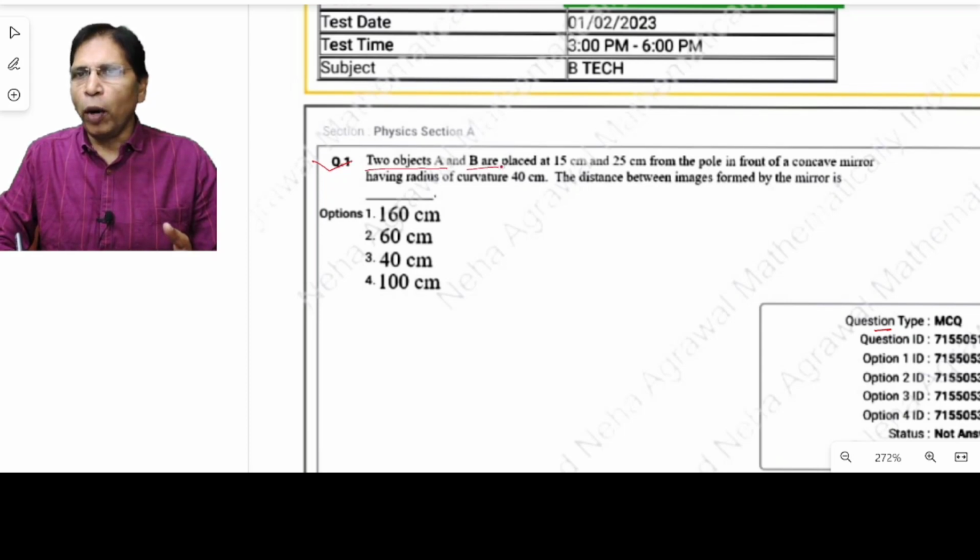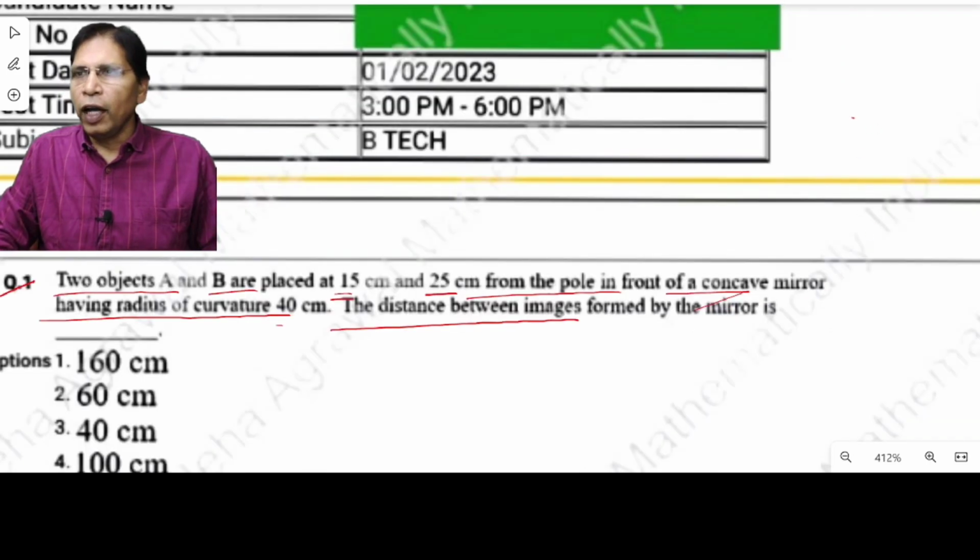Two objects A and B are placed at 15 cm and 25 cm from the pole of a concave mirror having radius of curvature 40 cm. The distance between the images formed by the mirror is. Now look at this, this is a concave mirror.